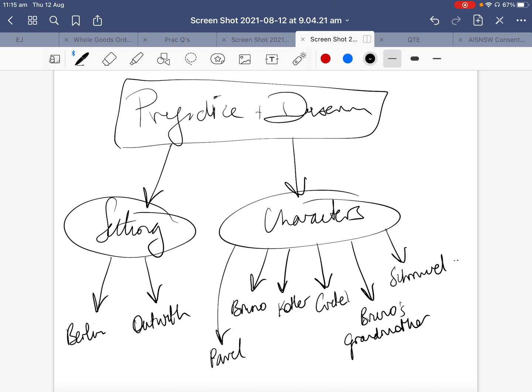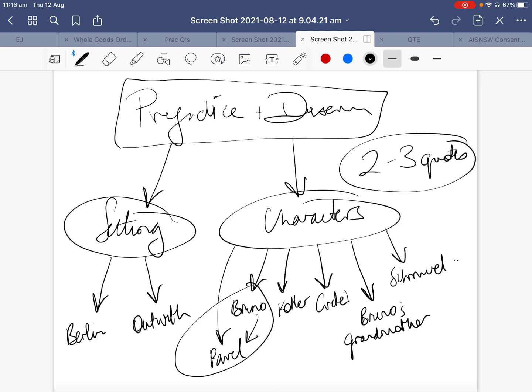All right, so remember, in a body paragraph, we're looking at about 2 to 3 quotes or examples to justify what you've said. We're looking at how relationships between characters are reflecting the environment in which they're in. So it'd be a really good time to do a comparison between how Bruno possibly treats Pavel and then how Kotler treats Pavel. Okay, so that could be one body paragraph right there.